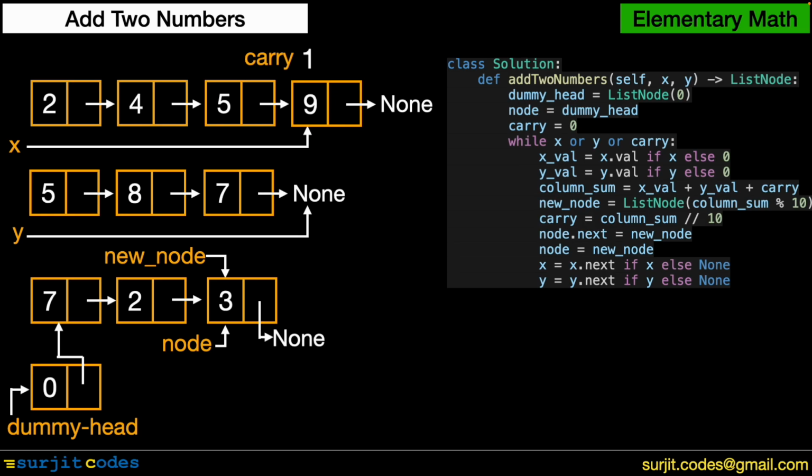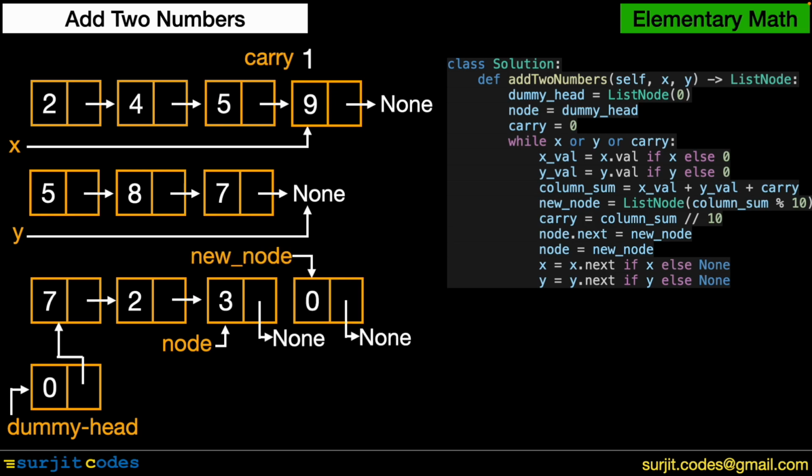In the fourth iteration, x val is 9, but y val is 0 because y is now none, and column sum is 10. We create a new node with val equal to 0, value of carry is 1. We point node next to new node and then point node to new node. x now points to none and y was already none.